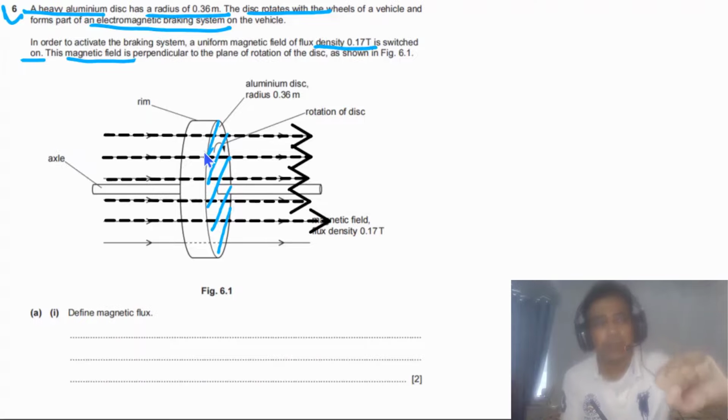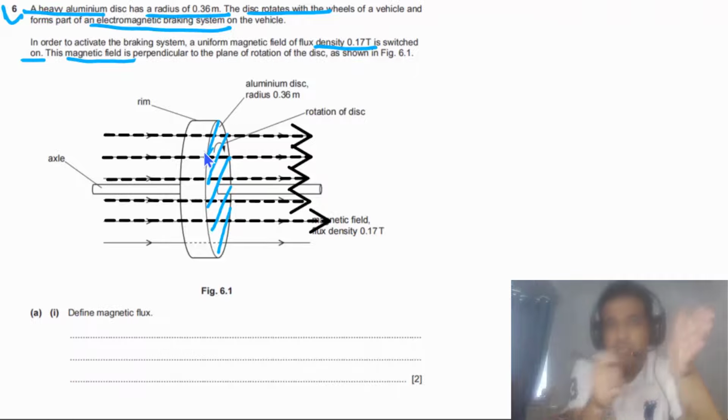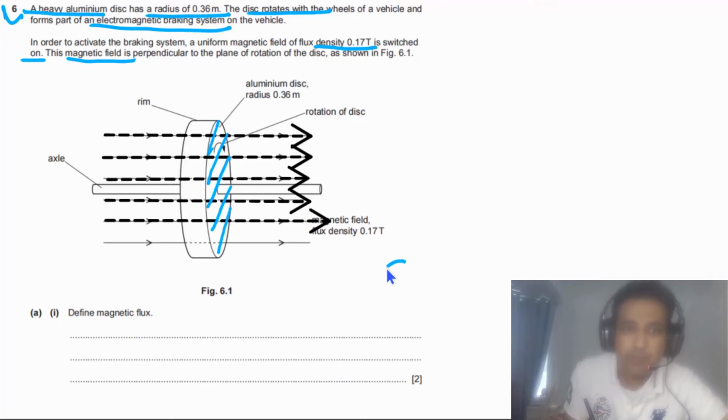You can also understand it like this. Imagine that this is my hand, this one is the disc, and the magnetic field is passing through this area. So we have to consider this area because this is perpendicular to the magnetic field lines. So for this question we can write down magnetic flux.